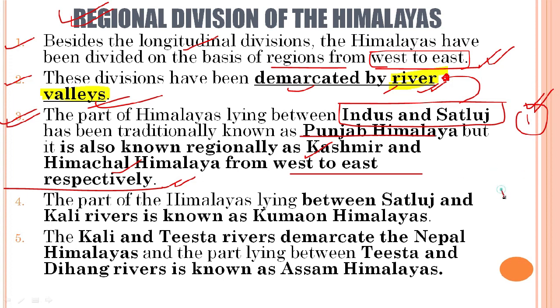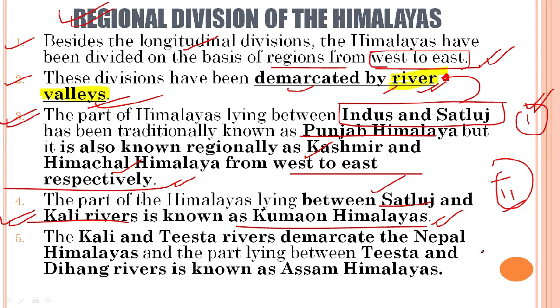Now the second one which we are going to see is the part of the Himalayas lying between the Satluj and Kali rivers. The two river valleys found here are Kali and Satluj. The Himalayas which lie between these river valleys is known as Kumaon Himalayas.